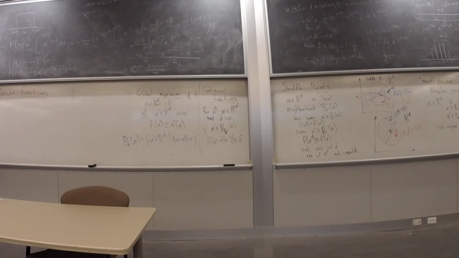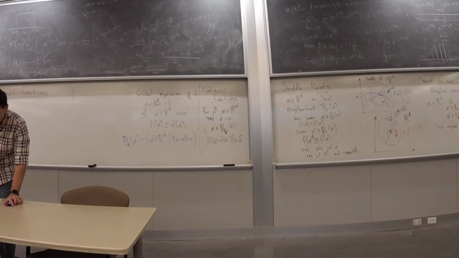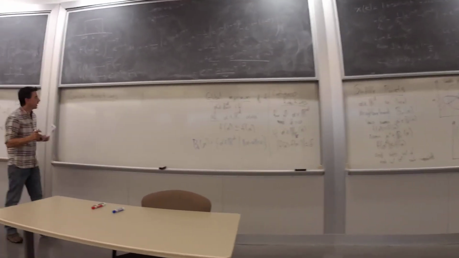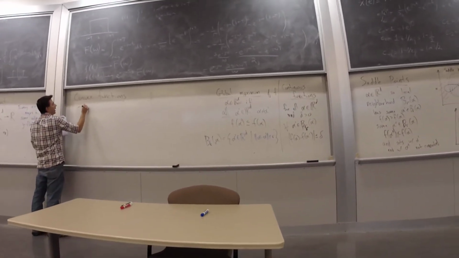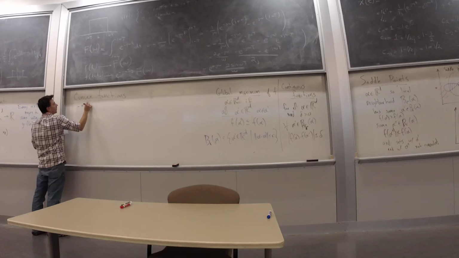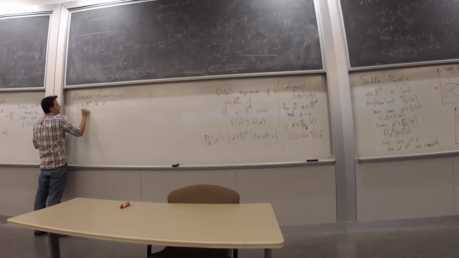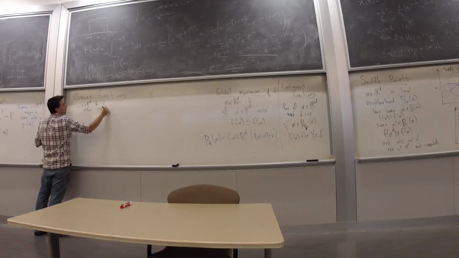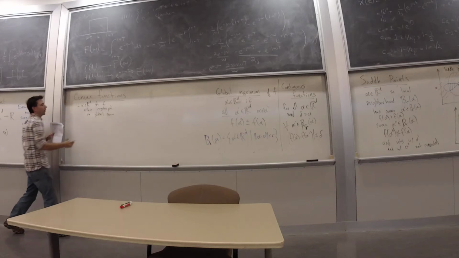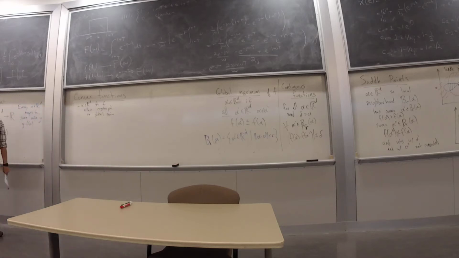So convex functions will be a larger class of functions, which is going to have the property that any alpha in R^d for f is either going to be a regular point or it's going to be the global minimum.